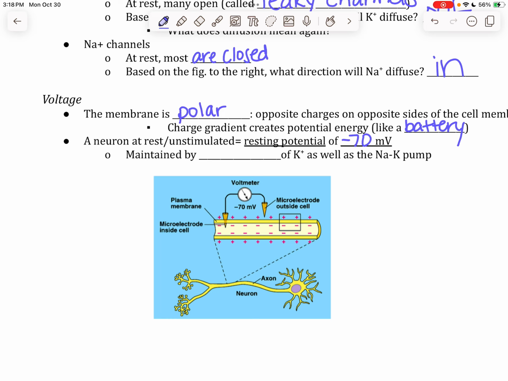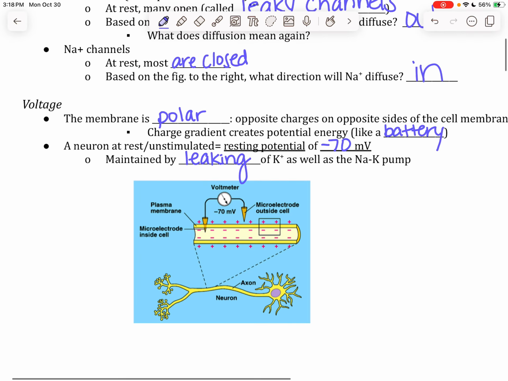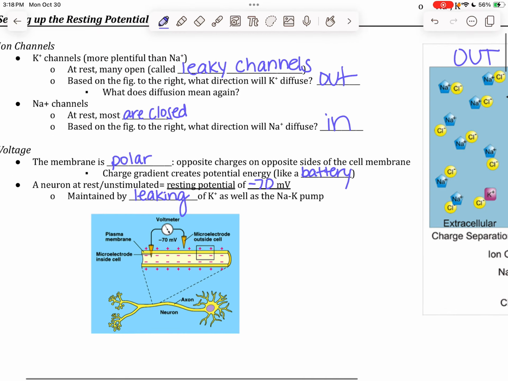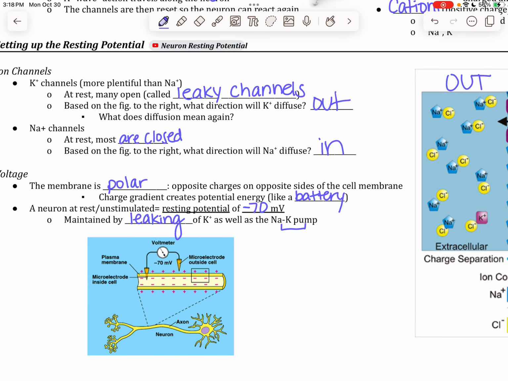So this neuron resting potential of -70 millivolts is maintained by the leaking of potassium as well as the sodium-potassium pump. This pump, if you recall, is an active transport pump.